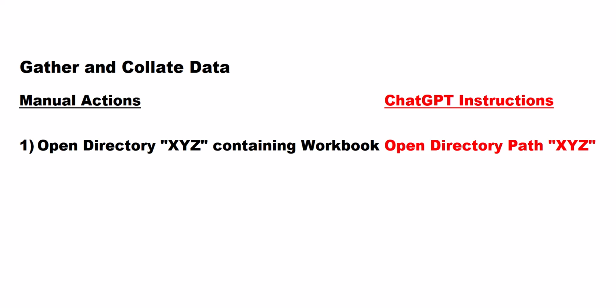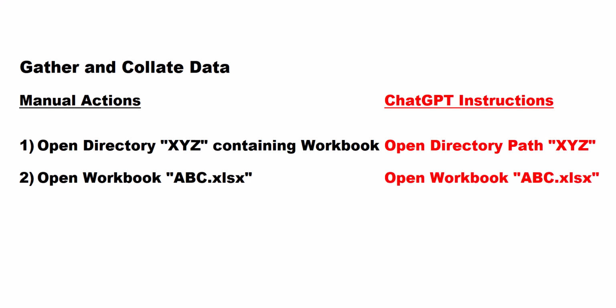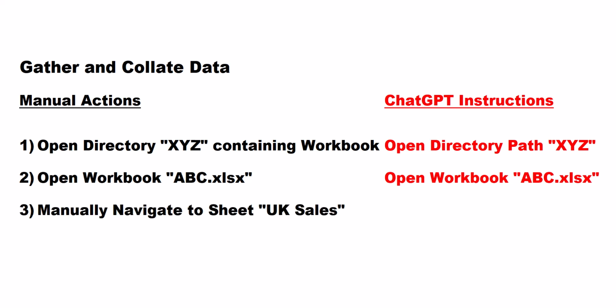The second manual action is open workbook abc.xlsx. And the ChatGPT instruction is identical. The third manual action is manually navigate to sheet UK sales. The ChatGPT instruction is select sheet UK sales.